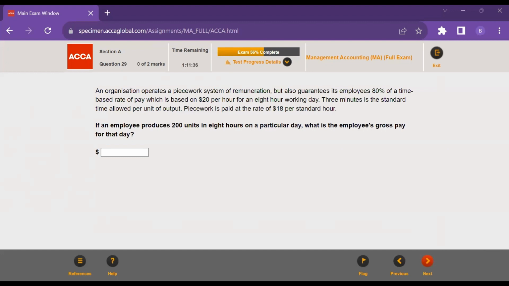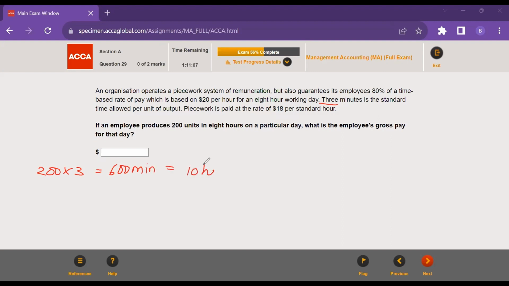So we have to see that he's producing 200 units using the 8 hours, right? So how much is the time that he should be using for 200 units? For 200 units, 3 minutes is the time allowed. So 200 multiplied by 3 minutes gives you 600 minutes. If you divide that by 60, you get your answer in hours, and this gives you 10 hours.